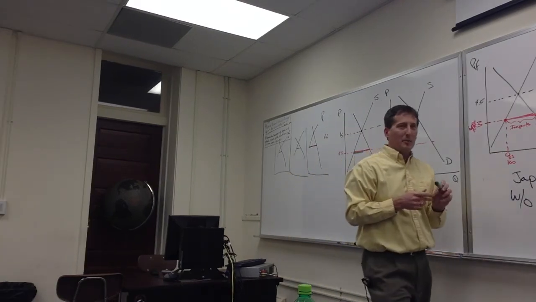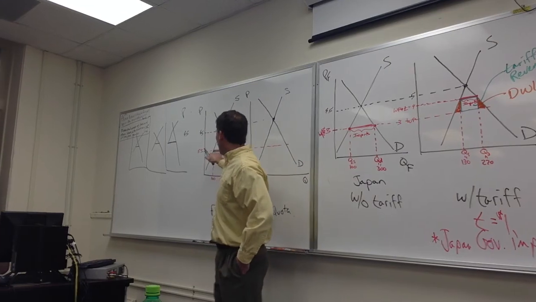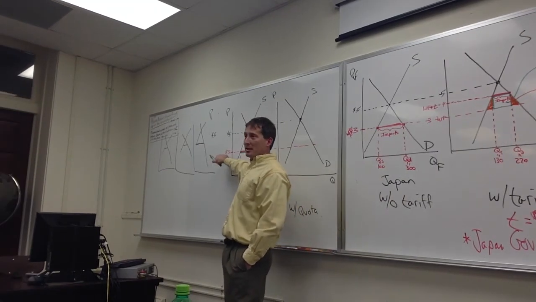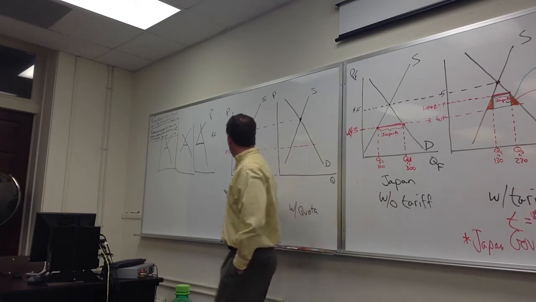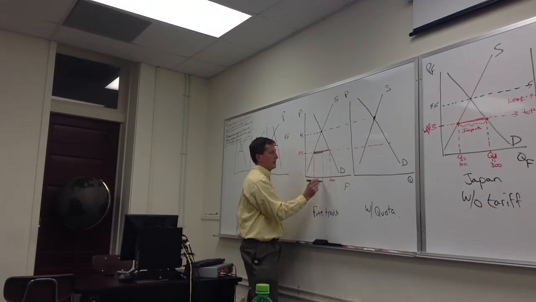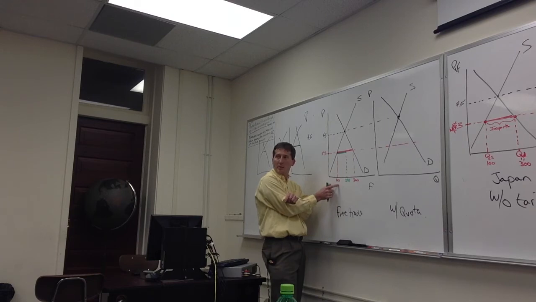Okay, now we've got a problem. The quantity being supplied at a current price of $3, the quantity being supplied within Japan is 240 units. 140 from the rest of the world, 100 from our good old domestic producers.